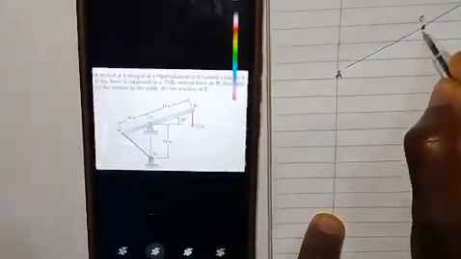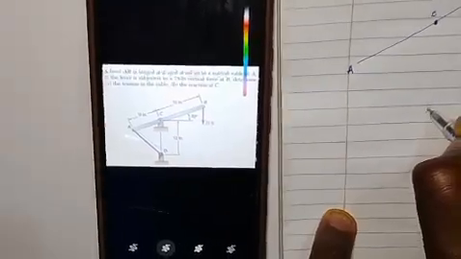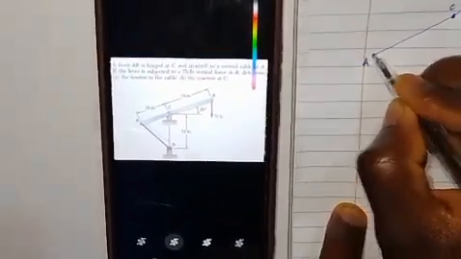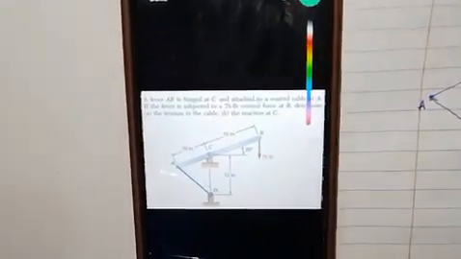Now let's say from this point to this point here we are having this to be our D. So from here to here we are having this, and now let me use this to write out all the forces we are having.